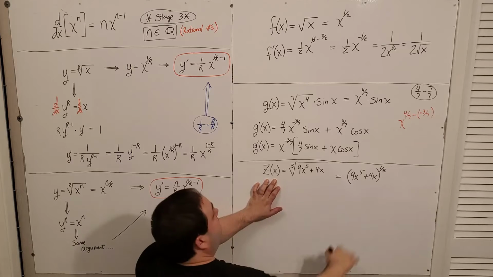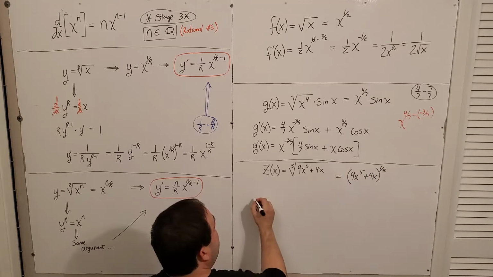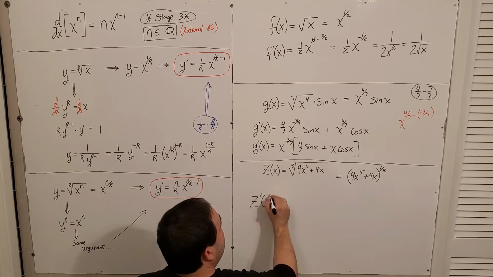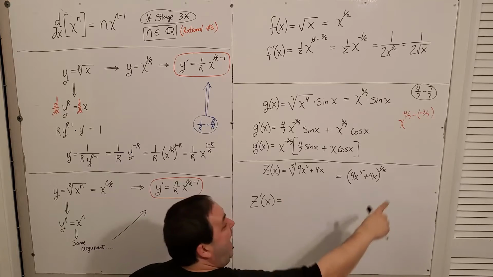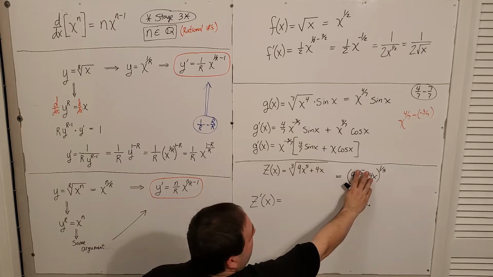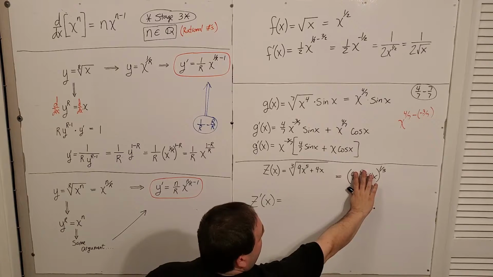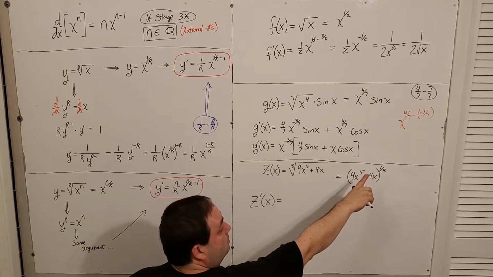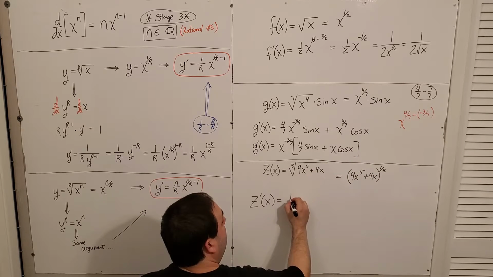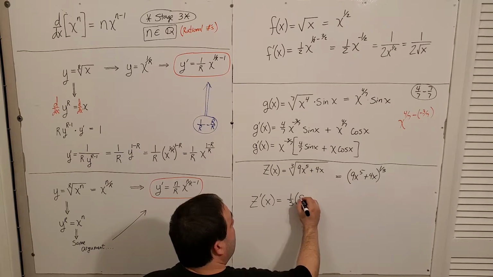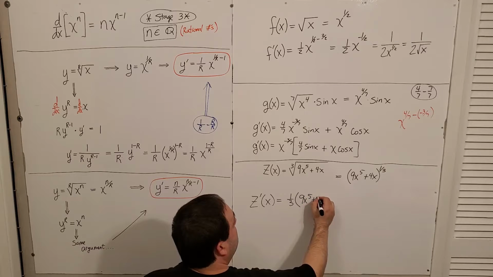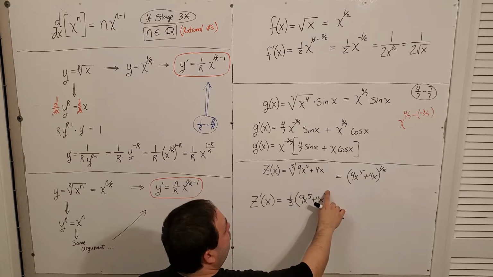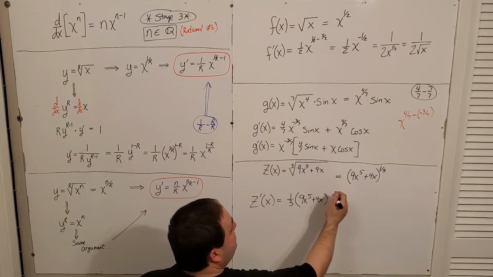All right. So from here, z prime is a chain rule. I'm going to do the outside derivative first. Leave the inside alone. So ignore the inside. The outside function is the 1/3 power. So I drop 1/3, leave the inside alone, and then I do 1/3 minus 1.